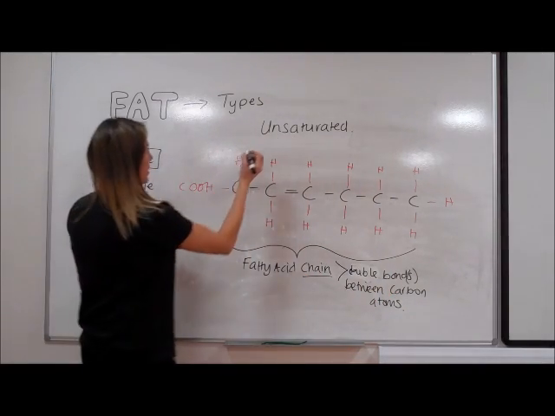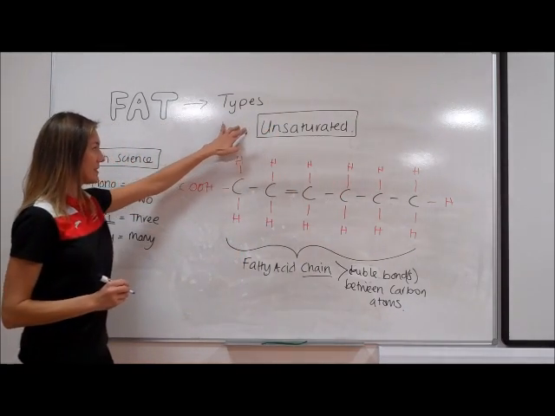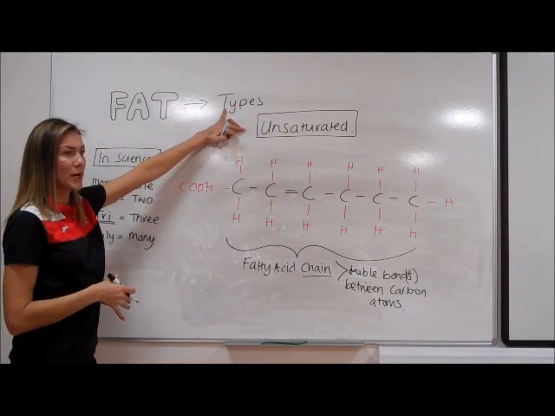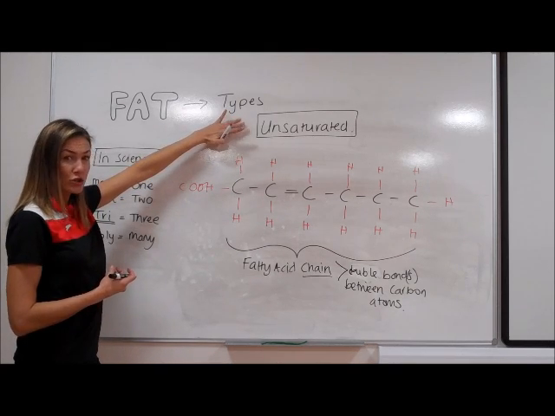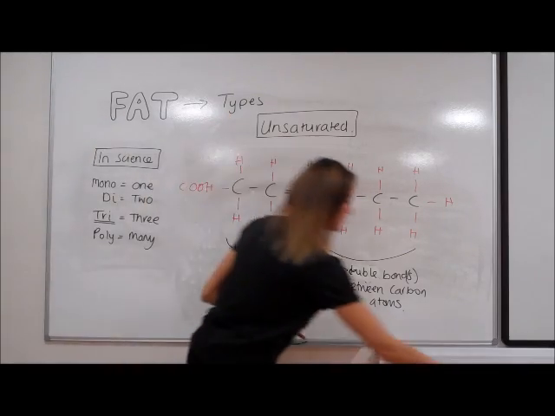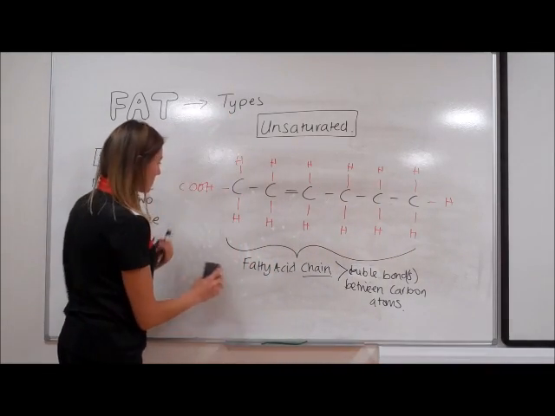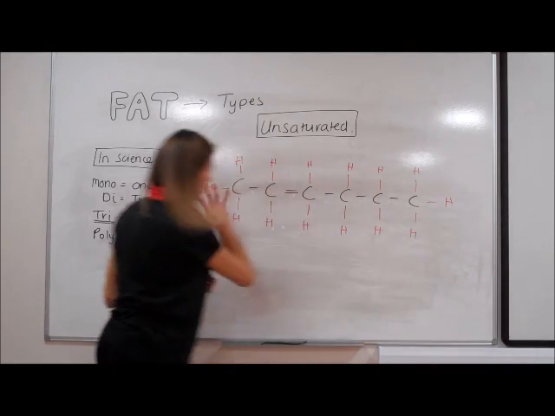Now let's talk about this in a bit more detail. Unsaturated fat tends to be liquid at room temperature, tends to come from plant sources, and there are some good unsaturated fats. So let's have a look at the good ones and how they're structured. We'll discuss this structure first.